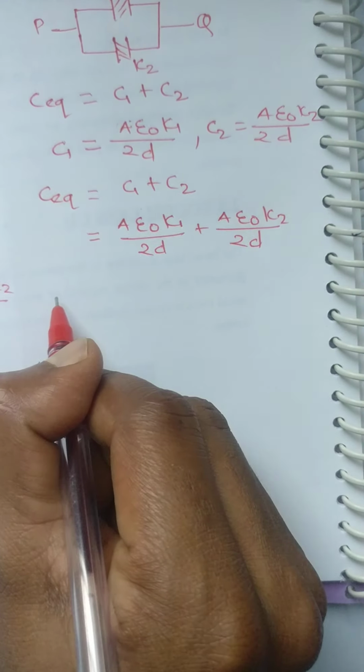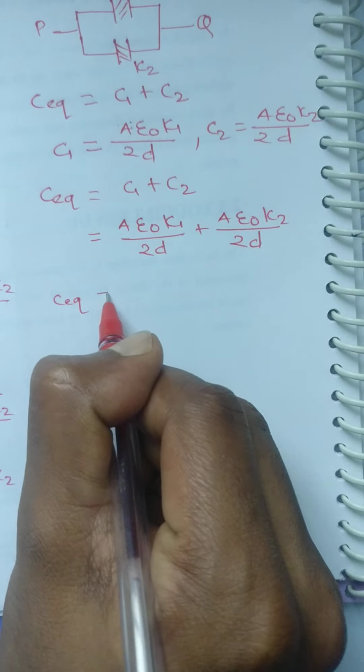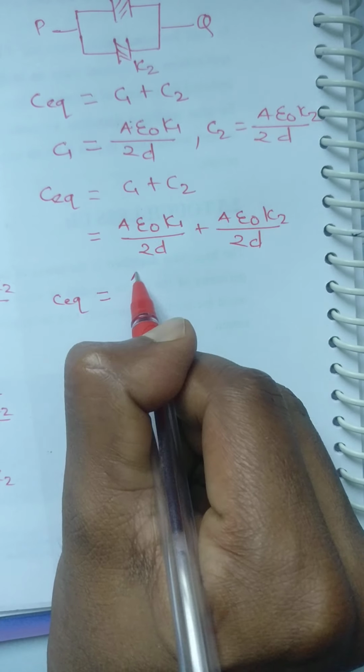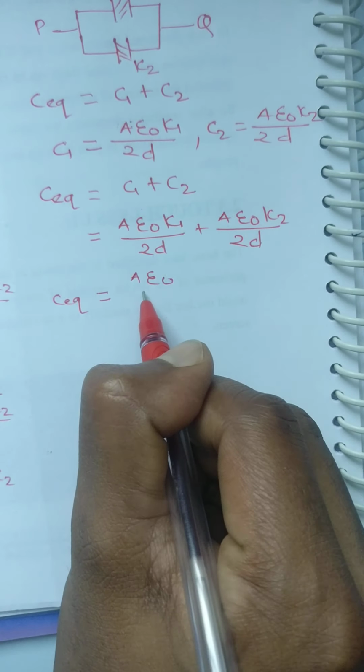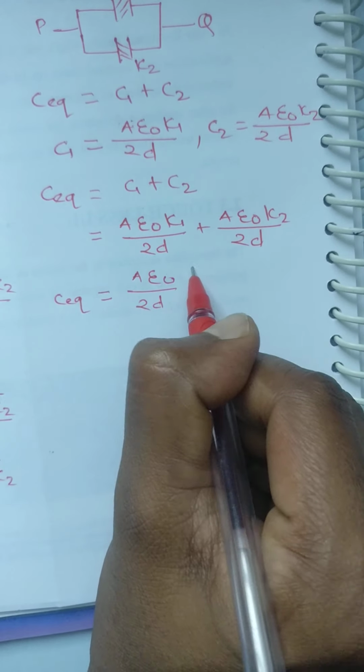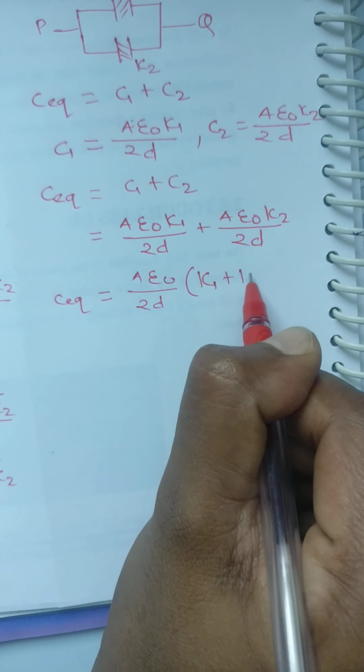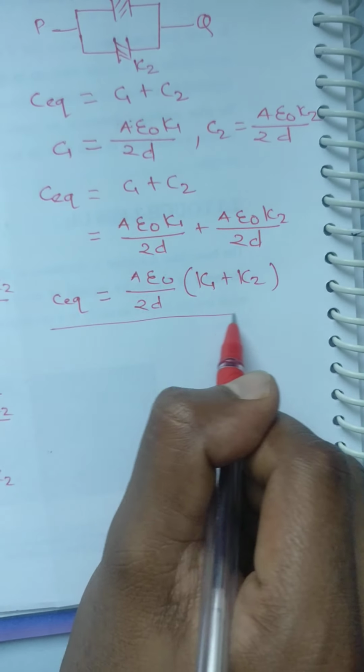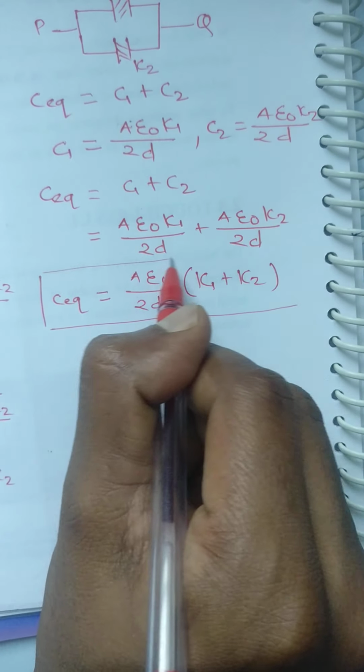So C equivalent is equal to A epsilon naught by twice D, taking common outside, K1 plus K2. This is your concerned answer.